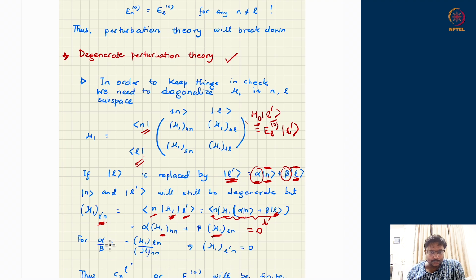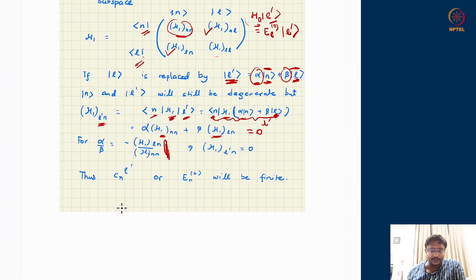If this is 0, then the coefficients alpha and beta should be related like this. I will just take the ratio of the diagonal element to the off diagonal element. That will tell me what should be the ratio of alpha and beta, and therefore that will make the perturbation Hamiltonian, not H0, the perturbation Hamiltonian diagonal in this new basis.